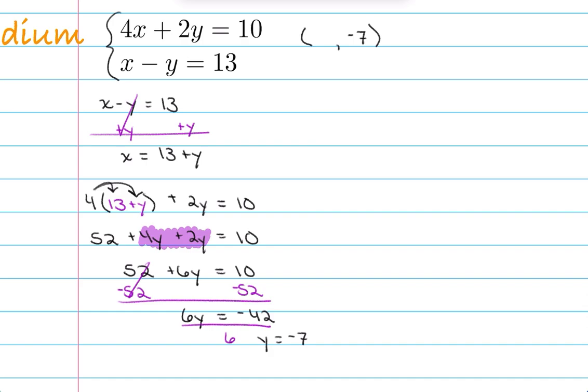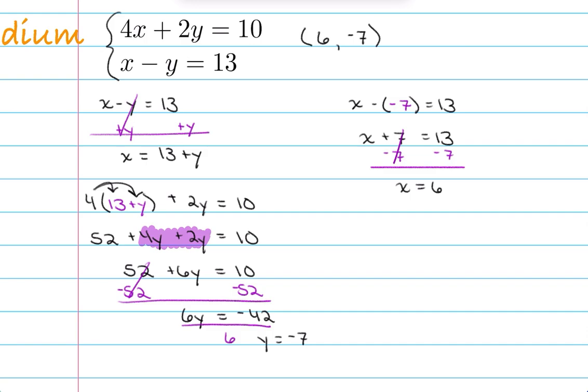So I have my x value minus my y, which in this case is a negative 7, equals 13. So minus a negative, that means x plus 7 equals 13. I'm going to subtract 7 from both sides. And my x equals 6.